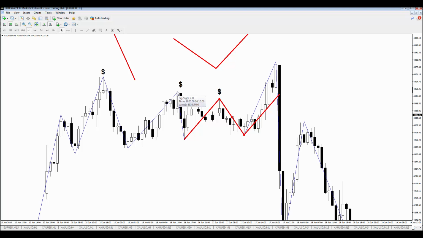So we know for sure the market's going to come back and grab liquidity there, so we can exclude anything lower than that. We also have this area here where we've got a half wick, and this is also liquidity. This is also an area I would be looking to get into the market. And then of course we've got the final termination point, which is the doji, just up there.